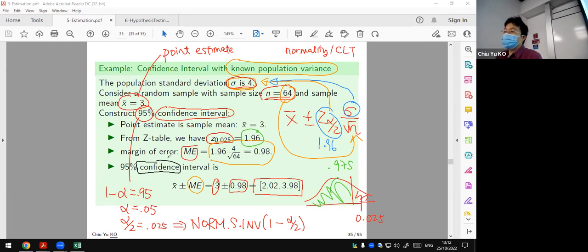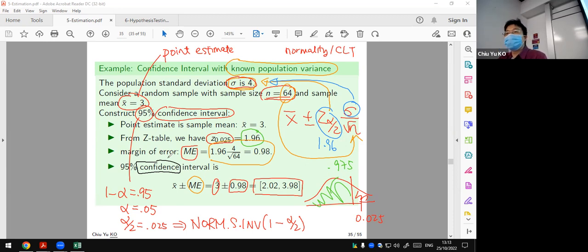So what do we mean by confidence? Suppose we do this procedure 100 times. Then 95 out of 100 of the intervals will include the true mean mu, and 5 of them will not.